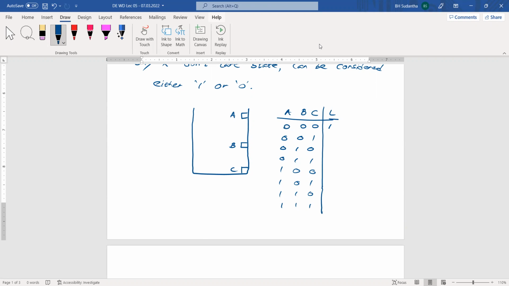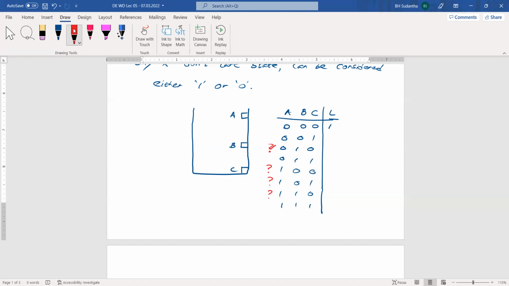It's okay. But what about this one? Can you check this condition? Here at B we have water, but at C we don't have water. Is this combination possible? And what about this combination, this one, this one?